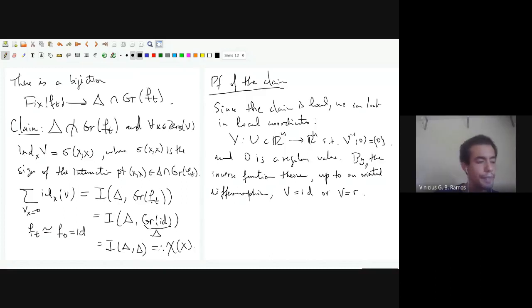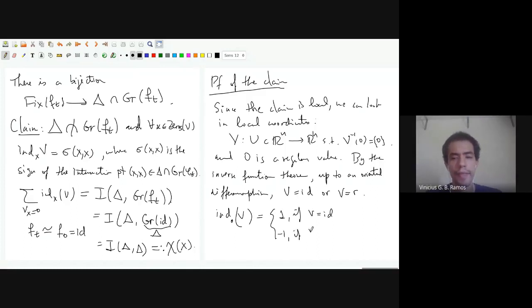Okay. So now you just have to look at the index of V at the point 0. It's going to be either +1 if V is the identity, or -1 if V is a reflection.